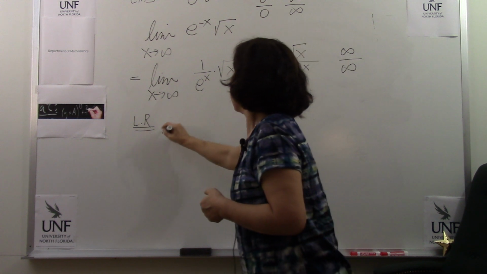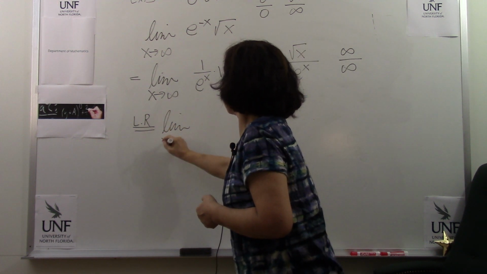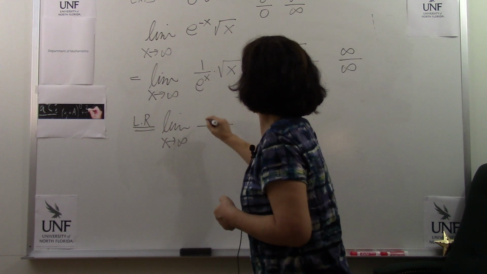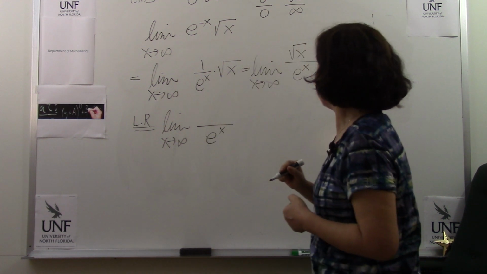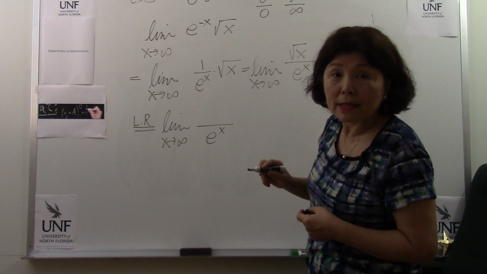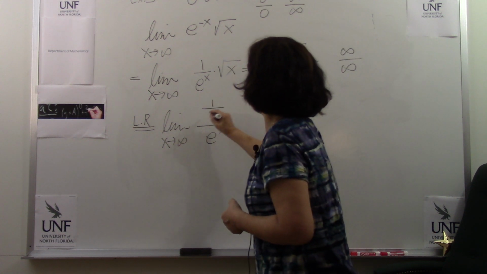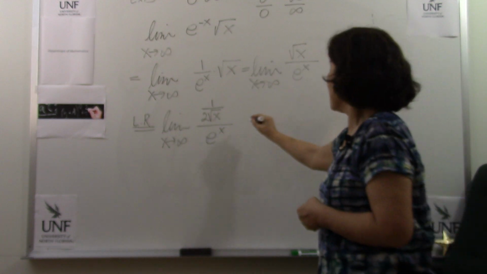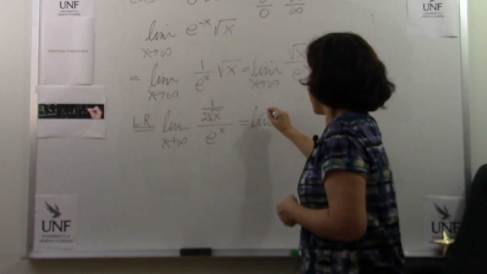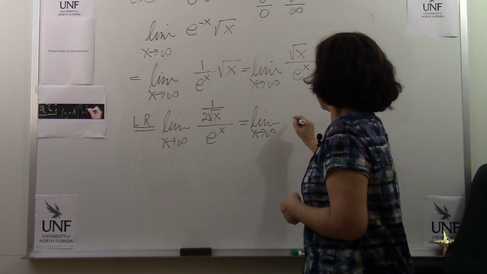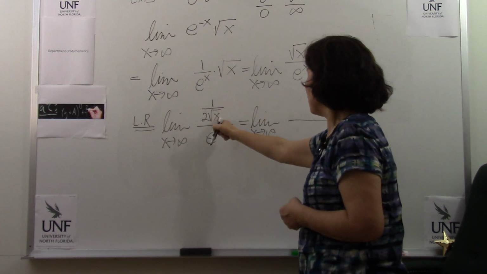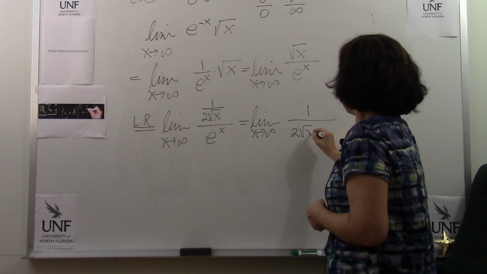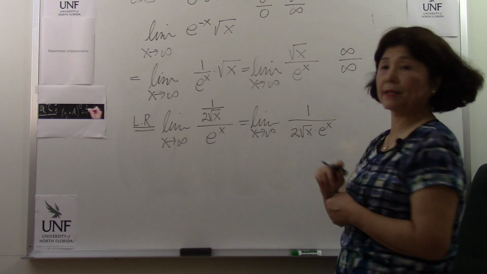L'Hopital's rule, limit as x goes to infinity. E to the x, the derivative is e to the x. Square root of x, the derivative is 1 over 2 square root of x. Now we can rearrange so that this one goes down here. So 1 over 2 square root of x times e to the x.